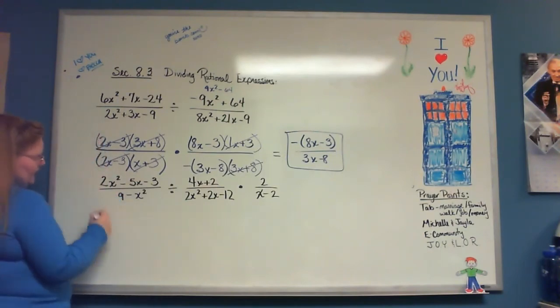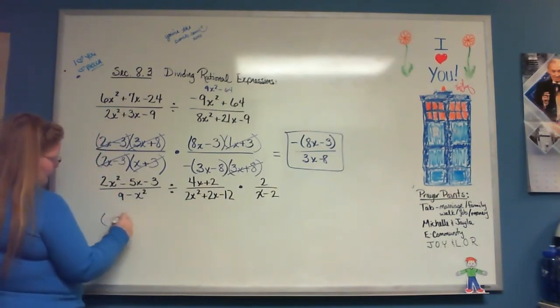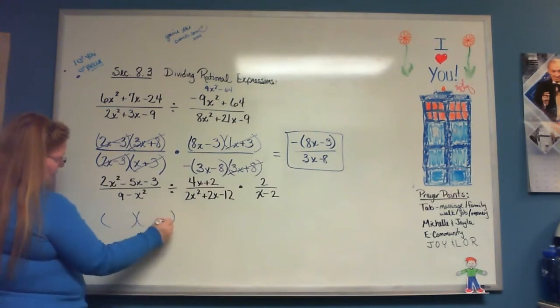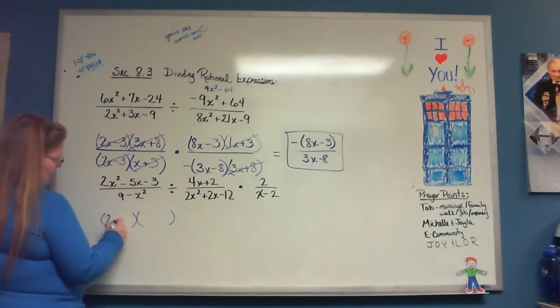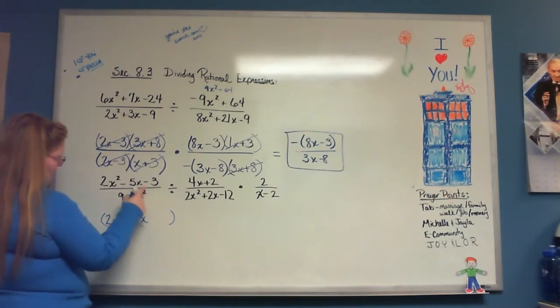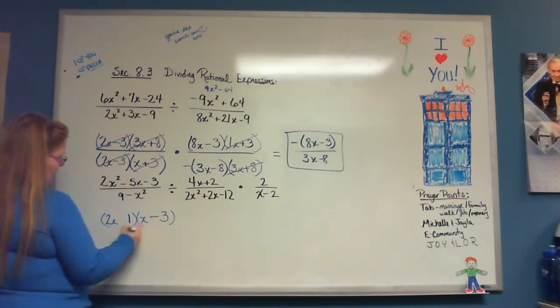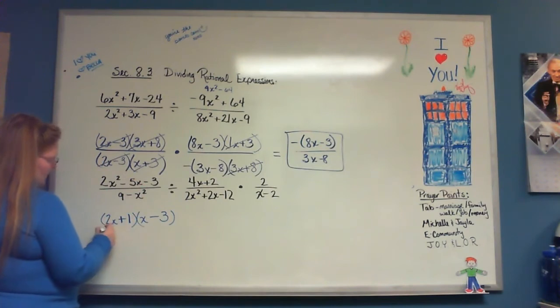So we know we're going to have to factor the top. There is no GCF. 2x and x. They have to subtract, so I need to get a 3 and a 1. That's going to have to be the biggest. That's the smallest.